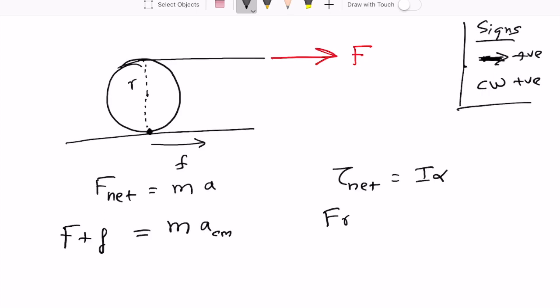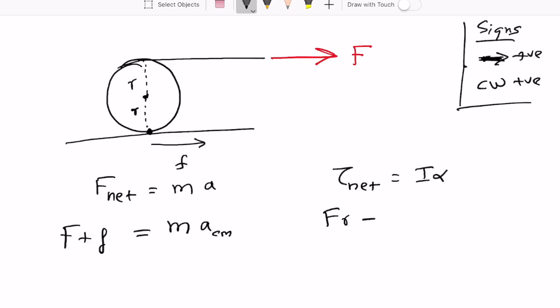Okay, now what about the torque due to little f? So about the center, the torque due to little f is just going to be little f multiplied by the lever arm, which again is R. So now the question is, is that a clockwise or a counterclockwise torque? The answer is it is a counterclockwise torque, because by itself the force little f is trying to rotate the cylinder in the counterclockwise direction.